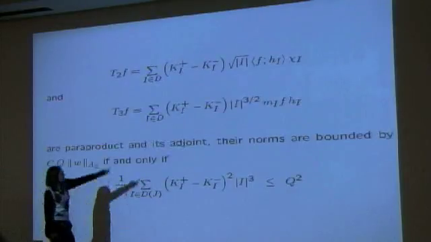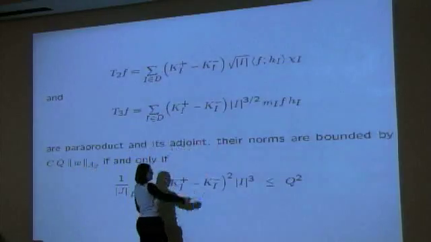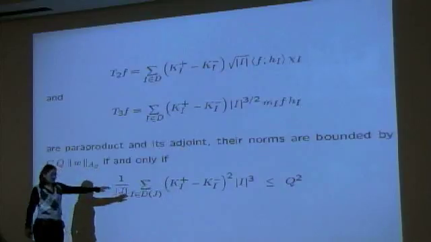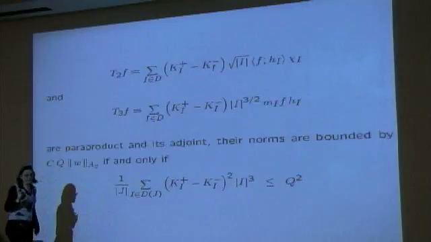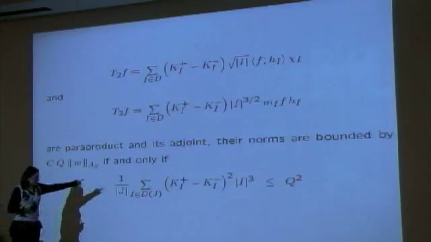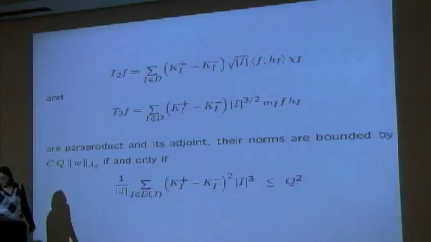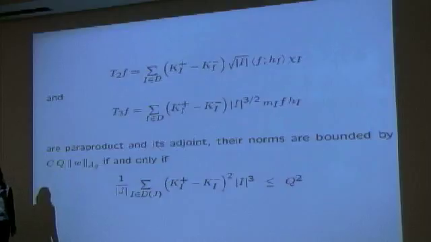I want the square of my coefficients to be summable over I, when we sum over I belonging to the dyadic subintervals of some interval J, and then averaged, divided by the length of J, to be bounded by the constant Q. Then I get a linear bound in Q and in A2.